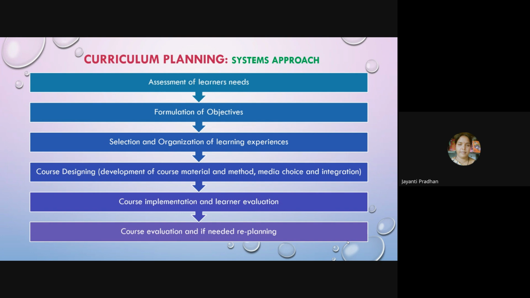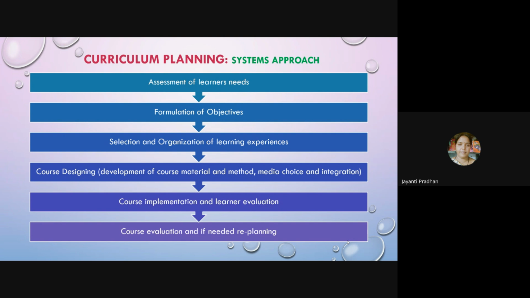Why we are going to develop this kind of curriculum. Then, when it is clear who the target group, the learner, is, and why we are developing the courseware or the program, we start selecting the learning experiences that we want to provide to the learners.